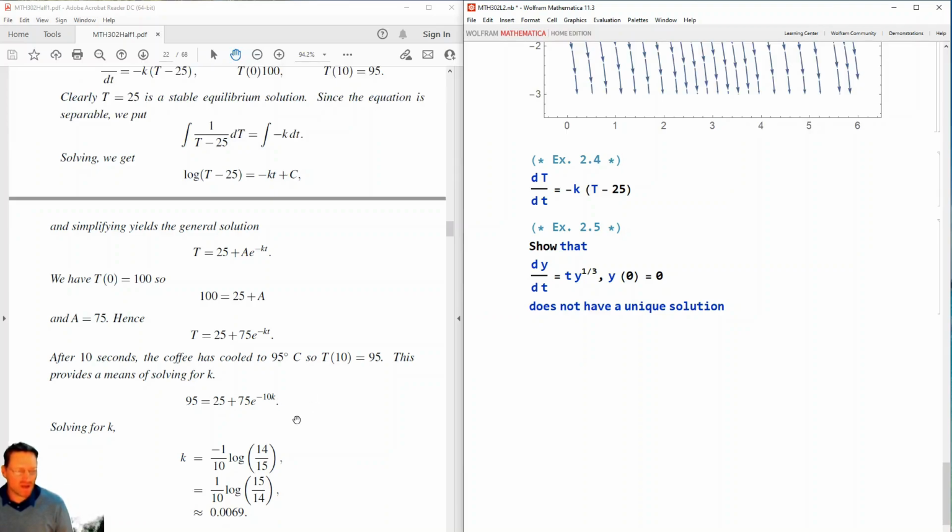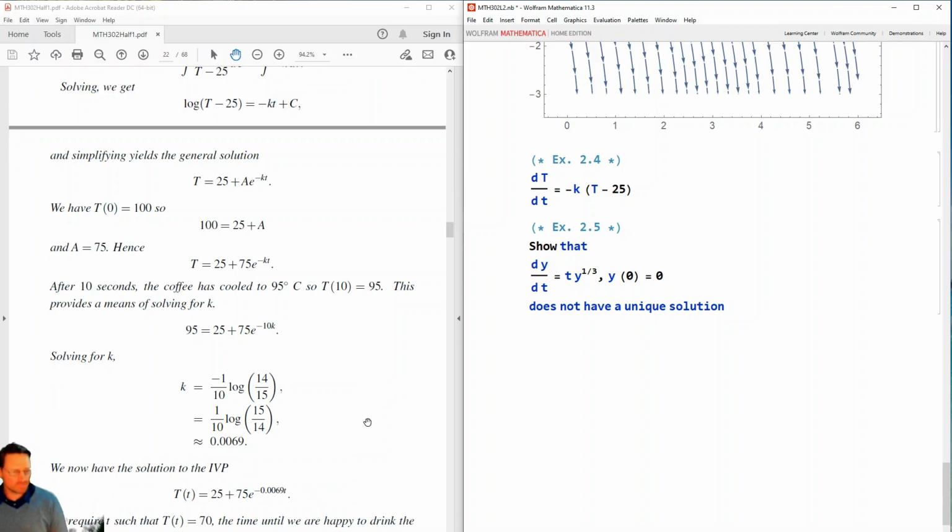We sub that in, take the 25 over to the left-hand side and get 95 minus 25, which is 70. We then divide both sides of the resulting equation by 75, so we get 70 over 75 is equal to e to the power of minus 10k.